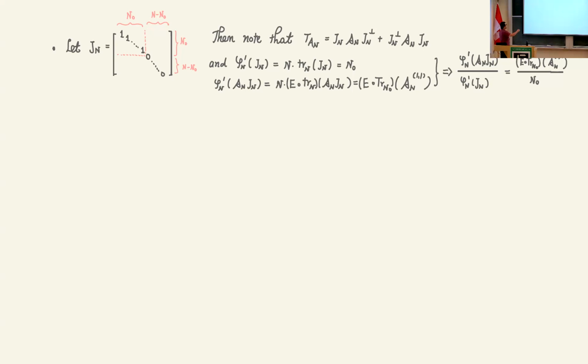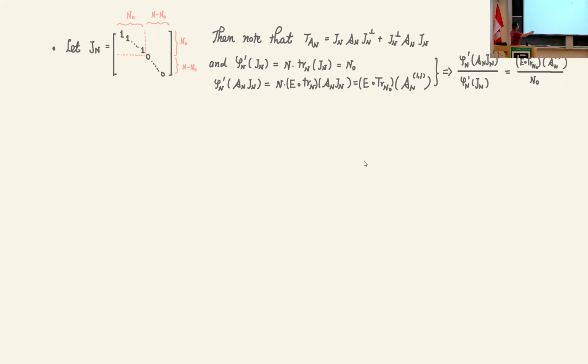And if we divide phi_M of J_M by, okay, this one we consider the non-normalized trace, which is an identity. And phi_M of A_N J_M, we do a similar way, you can observe. Then we get nothing but the expectation of the non-normalized trace for the first identity block of A_M 11.